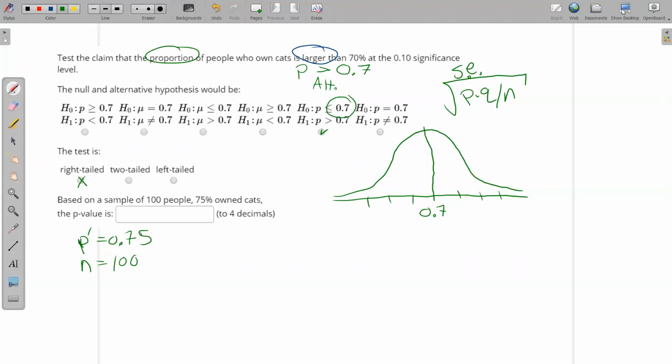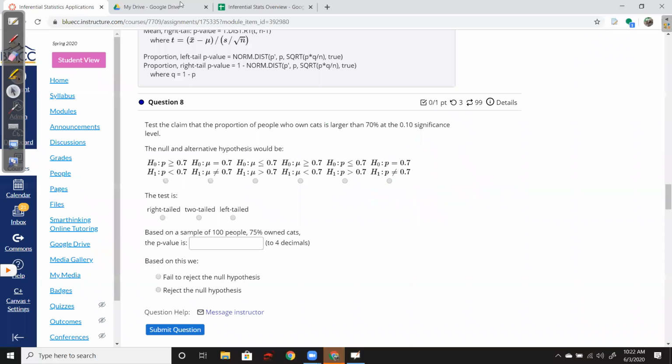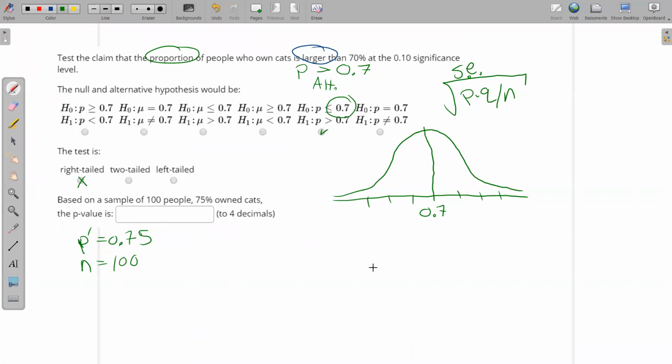So what was my standard error? I need that. It was about 4.5%, 5%-ish, somewhere in there. So one standard deviation to the right is, what was it, 4.5%. So then this right here would be about 74.5%. Oops, extra decimal there. So 0.745. And I wanted to know that so I could see roughly where the 75 sits.